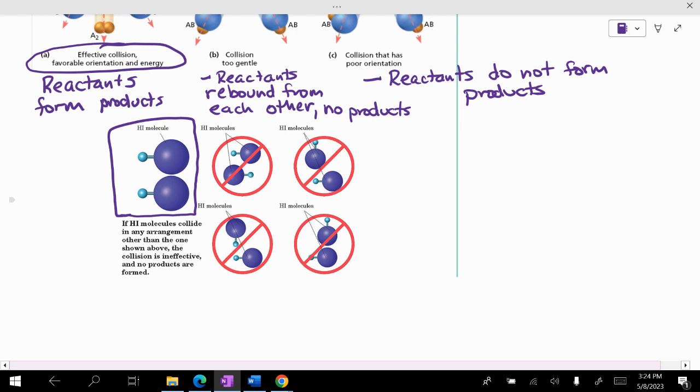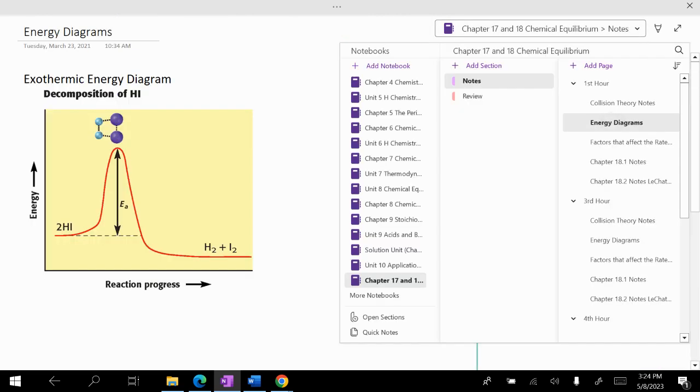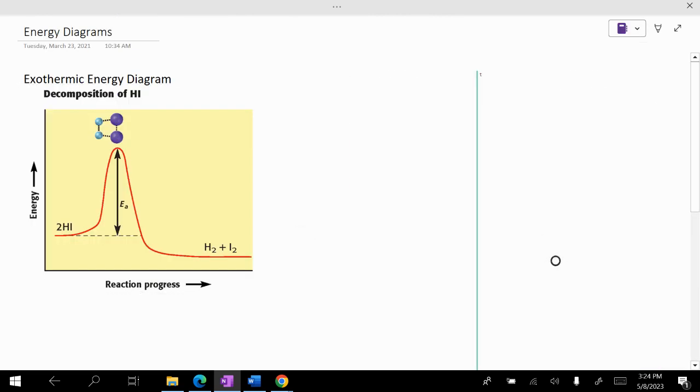So now that we know the requirements for an effective collision in order for reactants to produce products, we're going to look at some energy diagrams. So we're going to start off with the exothermic energy diagram.